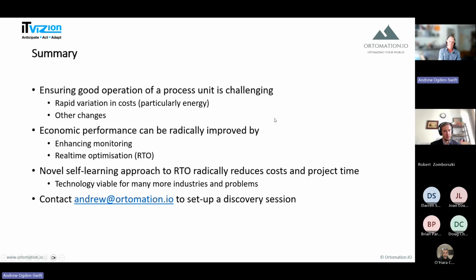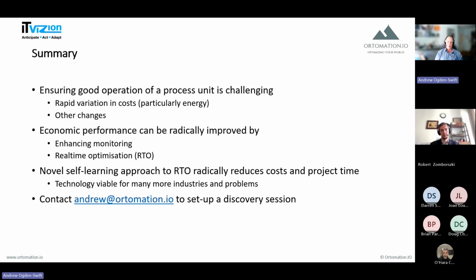So in summary, ensuring cost-effective operation of a process unit is difficult. There's very rapid variation in costs, and this is probably getting worse, in particular energy costs.